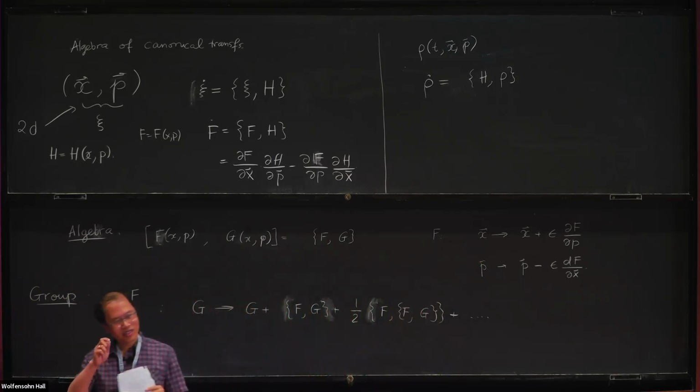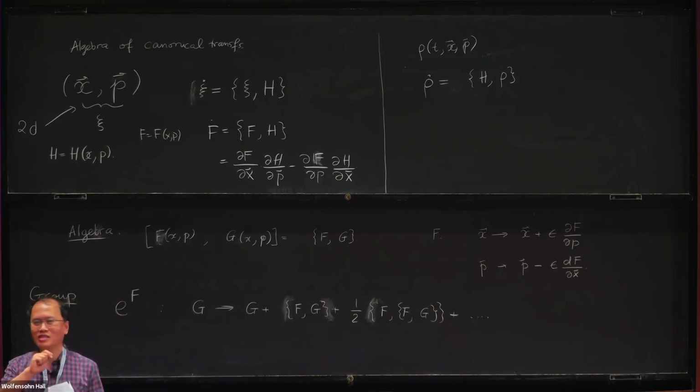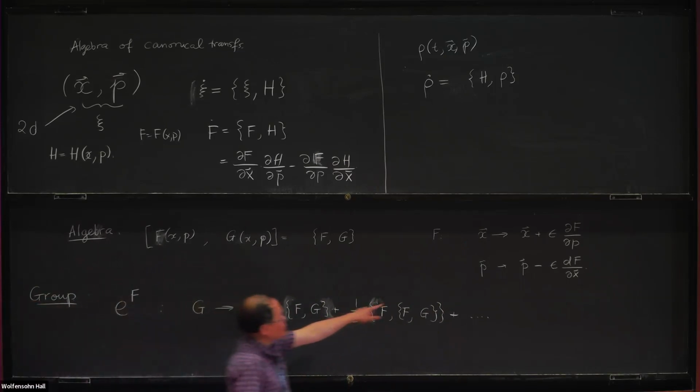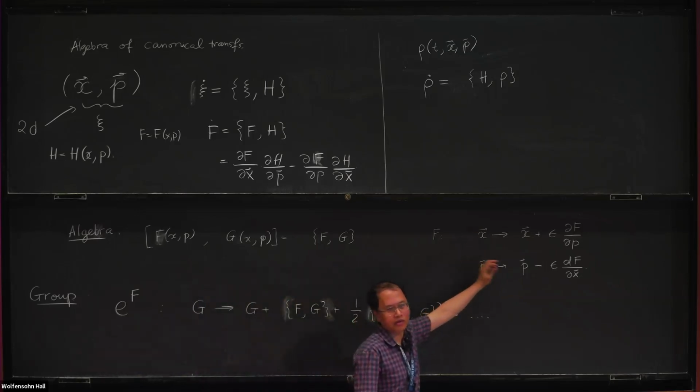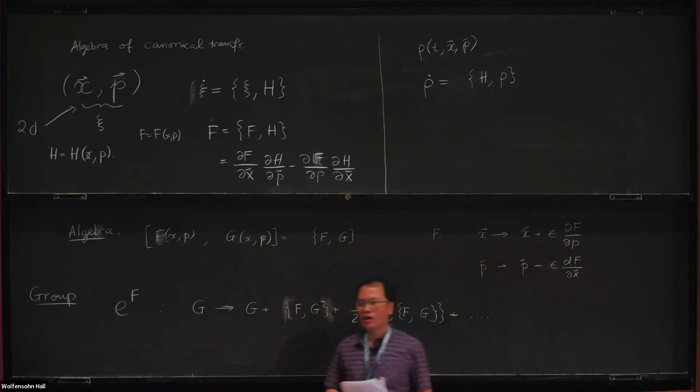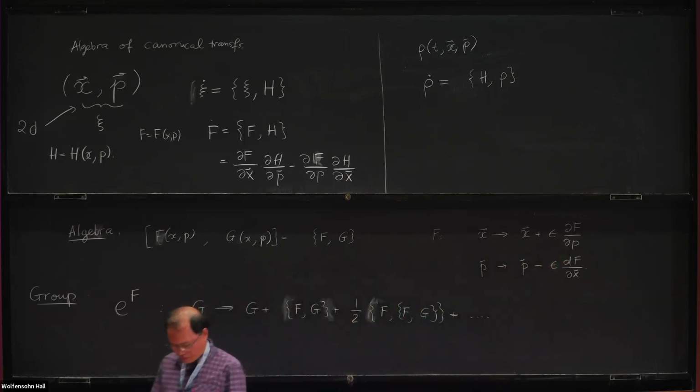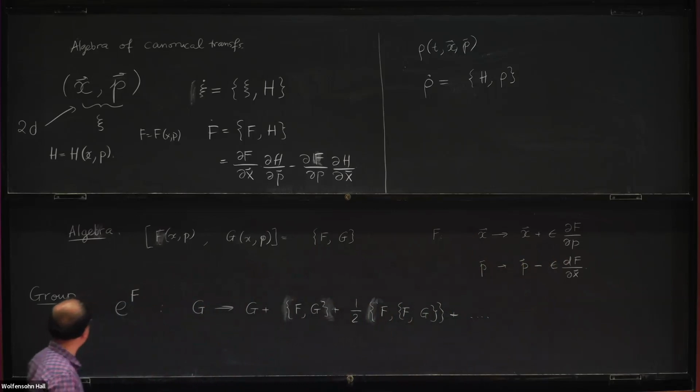So the algebra can be thought of as infinitesimal canonical transformations. An element of the group gives us the finite time evolution, evolution in unit time. You can think about this as just Hamiltonian evolution, with f playing the role of the Hamiltonian. Okay, so I've defined the group.